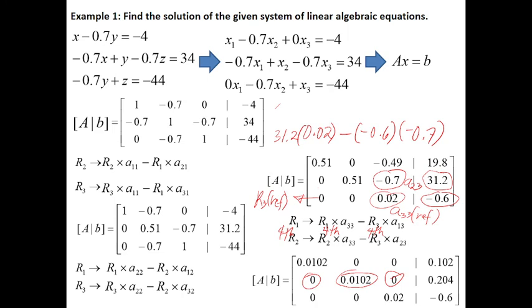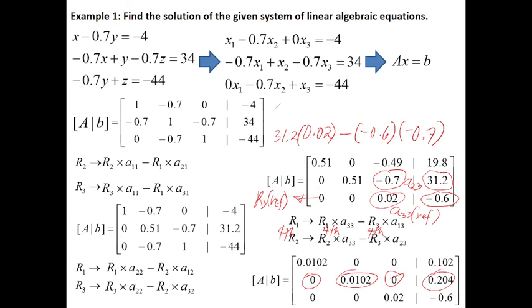We have 31.2 times 0.02, which is 0.204. So we got that. Okay, so we're fine.